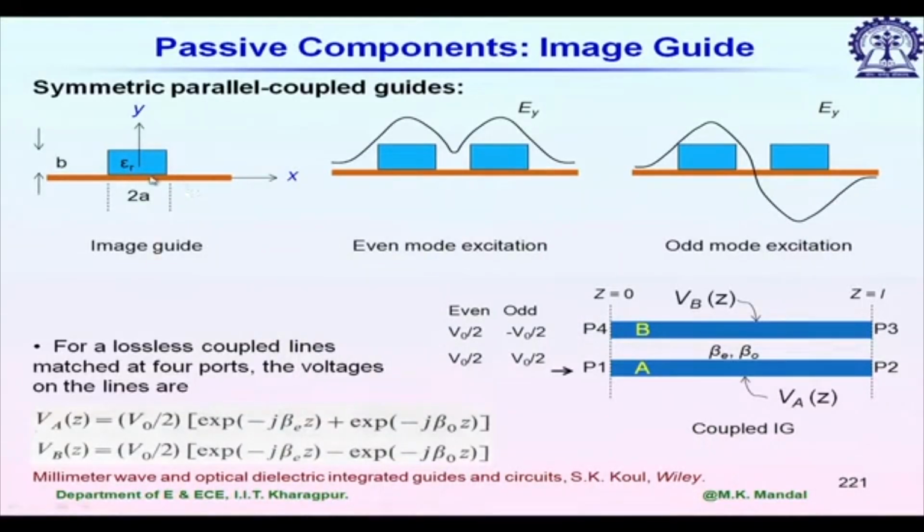If you recall, we may have TM to Y and TE to Y modes, and just like microstrip line, we can divide for analysis. We can consider the even mode excitation and the odd mode excitation scheme. In even mode excitation, this is the plot of EY along X. EY is maximum inside the image guide, and it has minimum value in between the two.